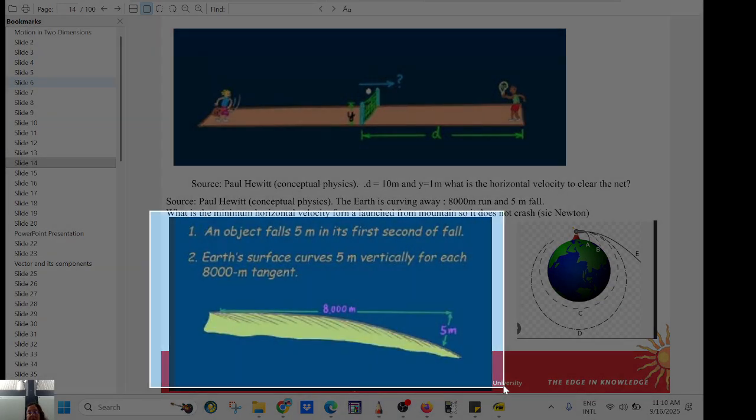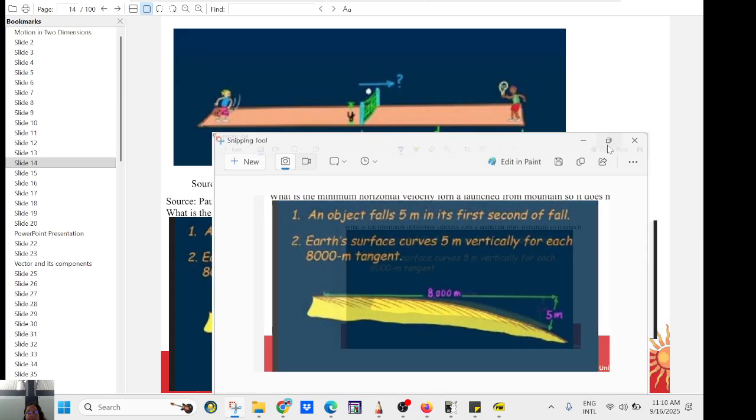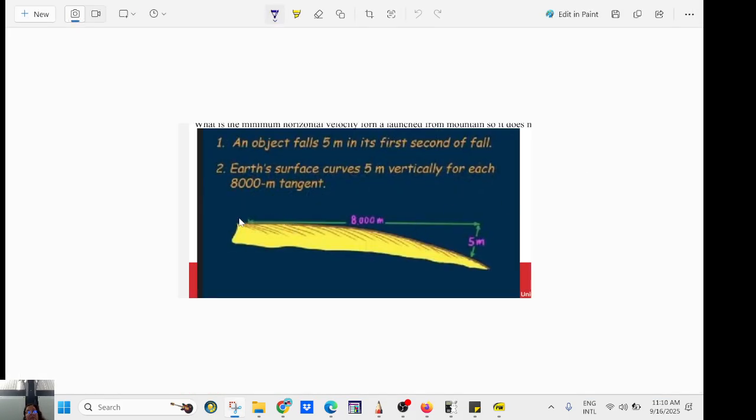Okay, let's find out. If you are launching a projectile, it has a horizontal velocity here. It's going to do two things at the same time: it's moving at a constant velocity along the forward motion, but it's also falling.